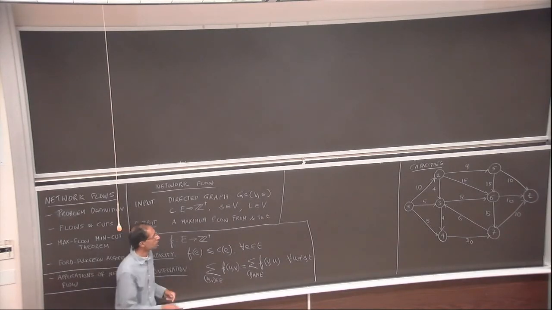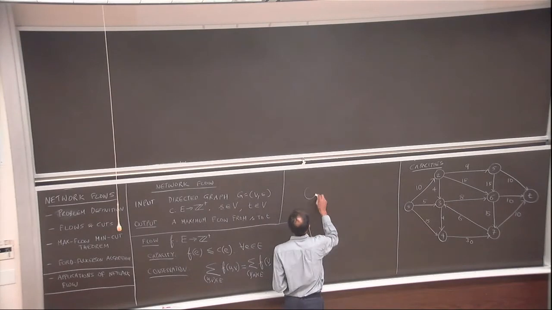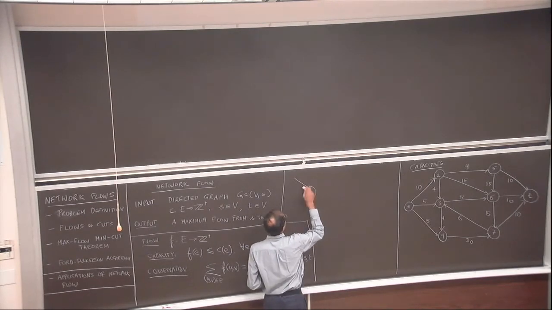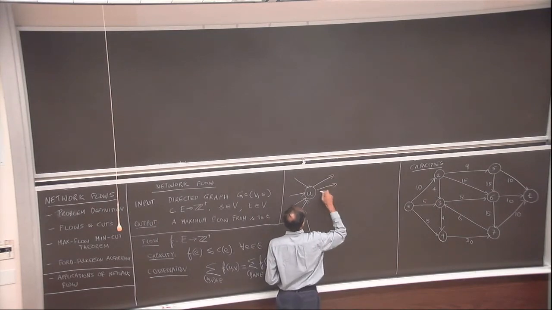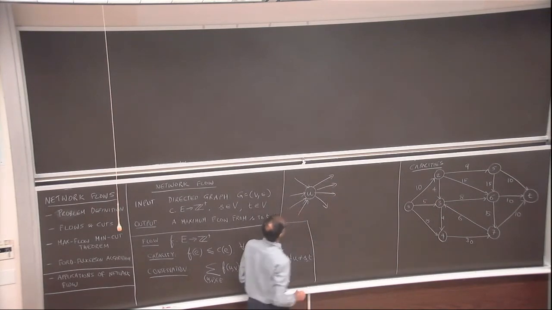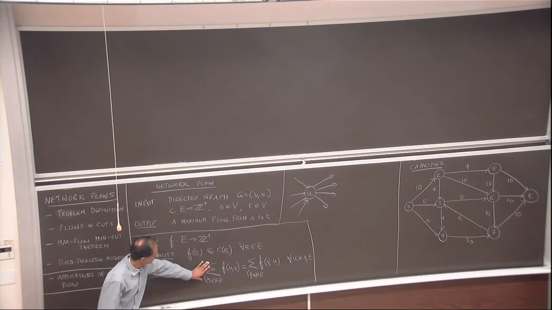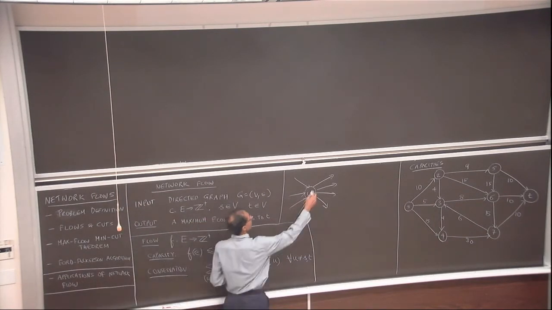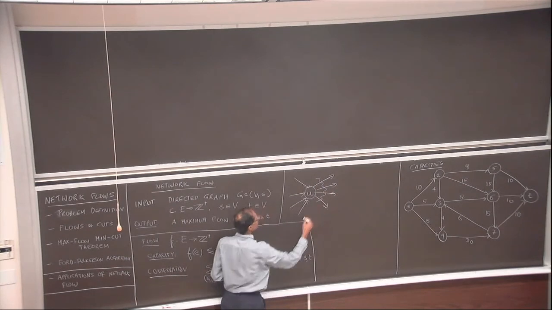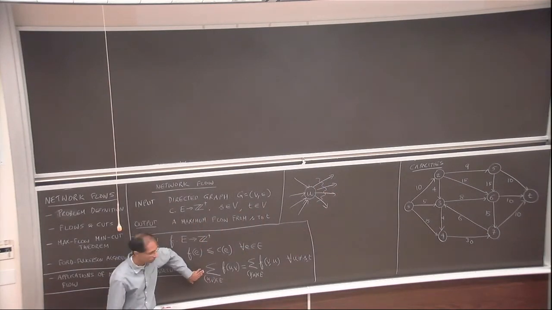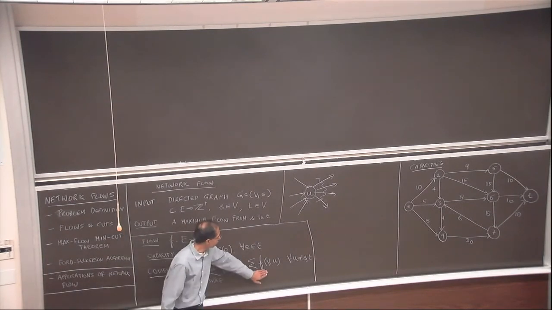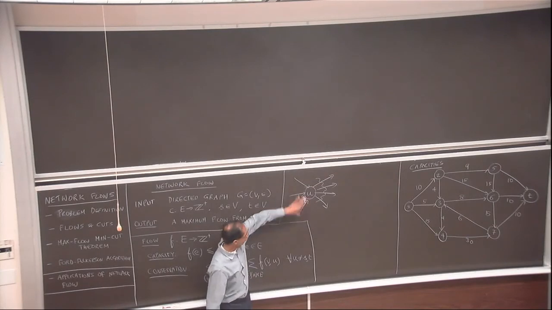So I look at any vertex U. It has some edges coming in, some edges leaving. This left hand side is the sum of all the amount of flow leaving U. This is the sum of all the flows entering U. So what is it saying?